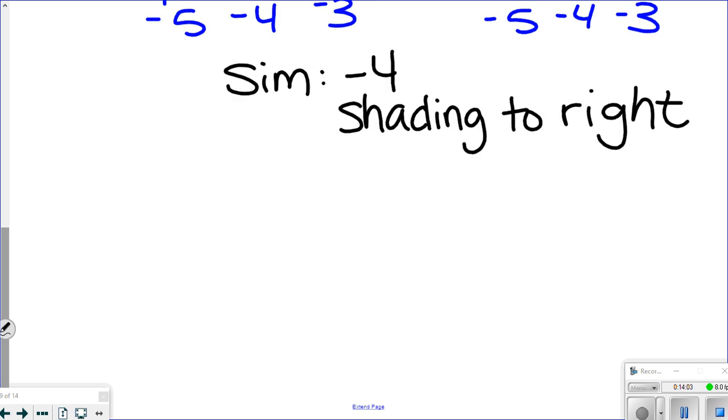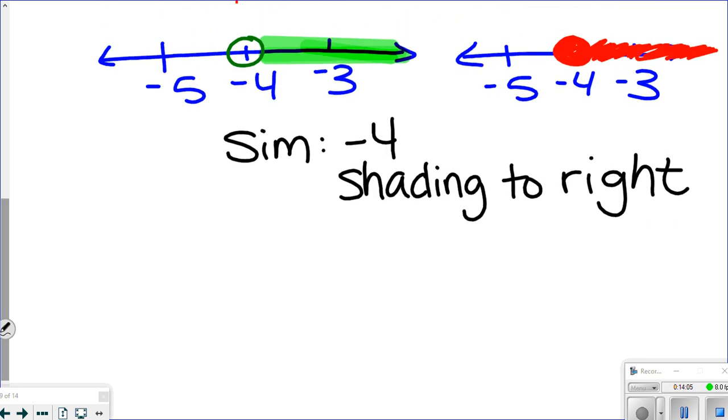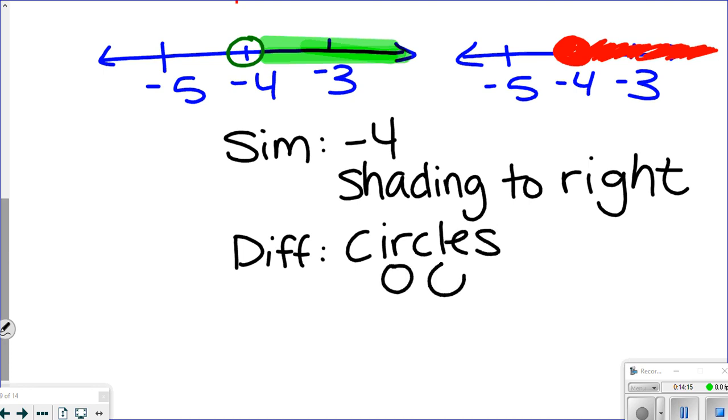A difference here, I notice right away that one has an open circle and one has a closed circle. Open and closed. Why is that different? Well, because one has a greater than symbol and one has a greater than or equal to symbol. So that's also a difference. The symbols are different.